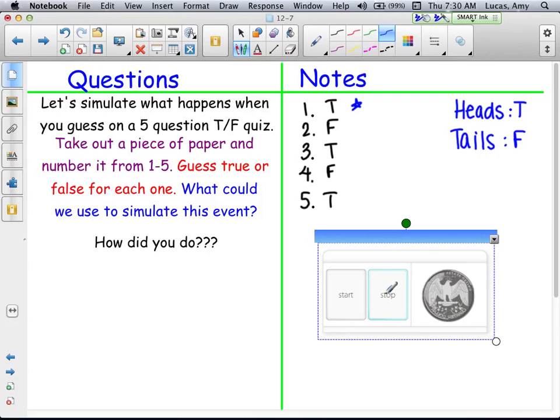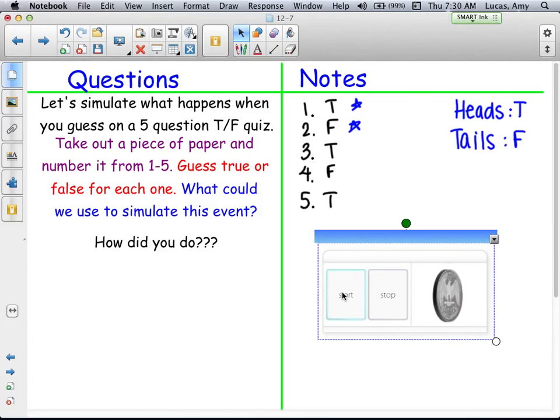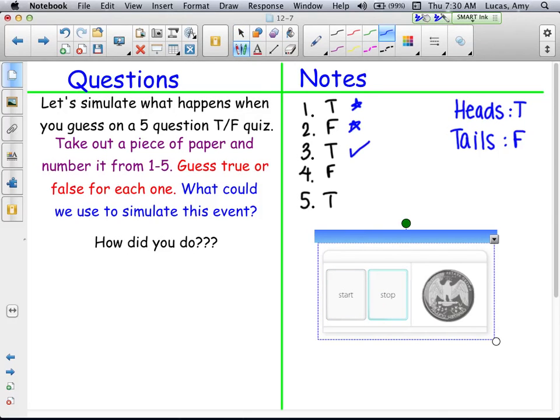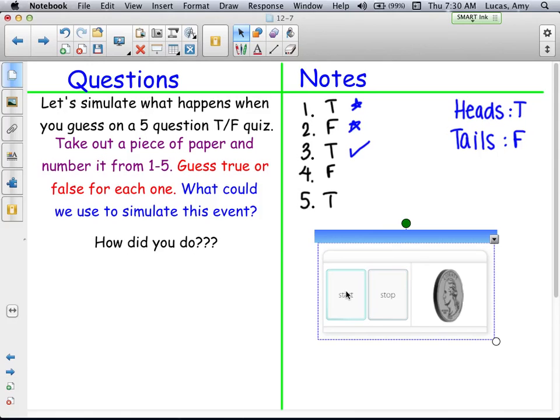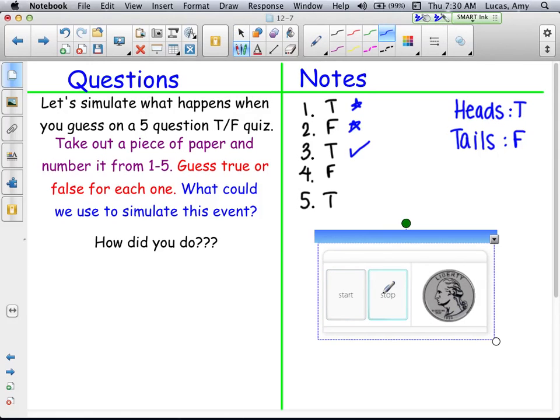Tails. Got that one right. Tails. Wrong. Heads. Wrong. Heads. Right. So, how did you do?